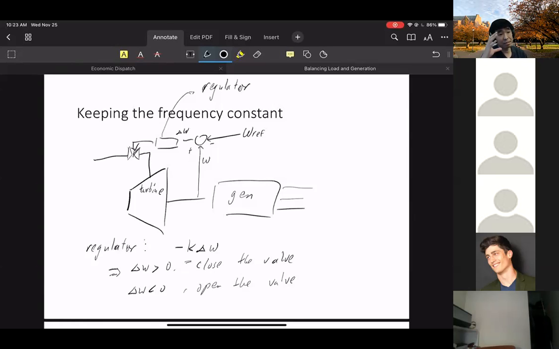So this is the size of the valve opening in the regulator. This is just the controller in a feedback control. The delta omega is the difference between the turbine speed and the reference, the delta omega of the generator.